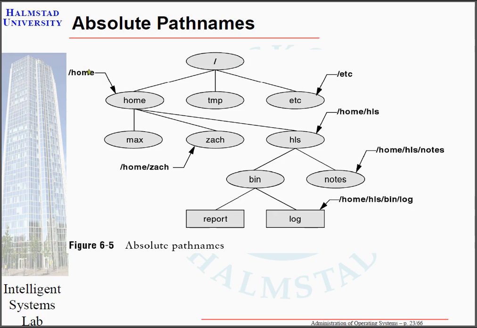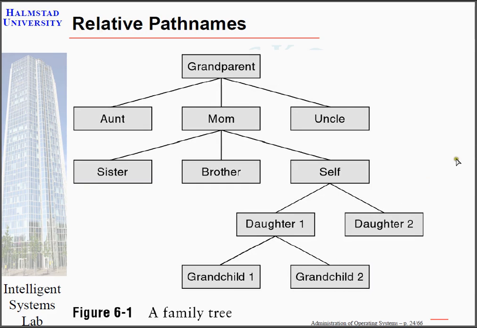Here is an example of how it works. You can have absolute path names for all of those things. Each of those is an absolute path name. It starts with slash, and it tells you how to get from here to a particular place. Now, if we come back to the idea of the family tree, this one is significantly different. This one doesn't have absolute path names.